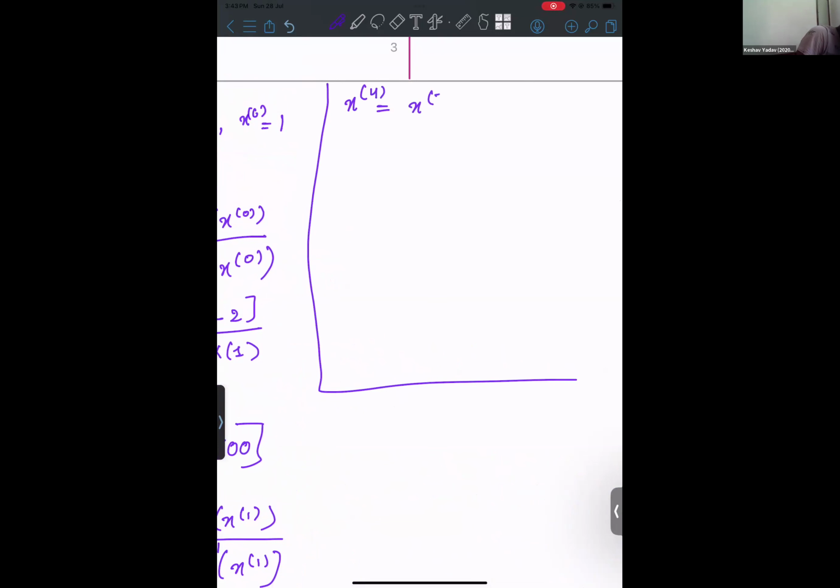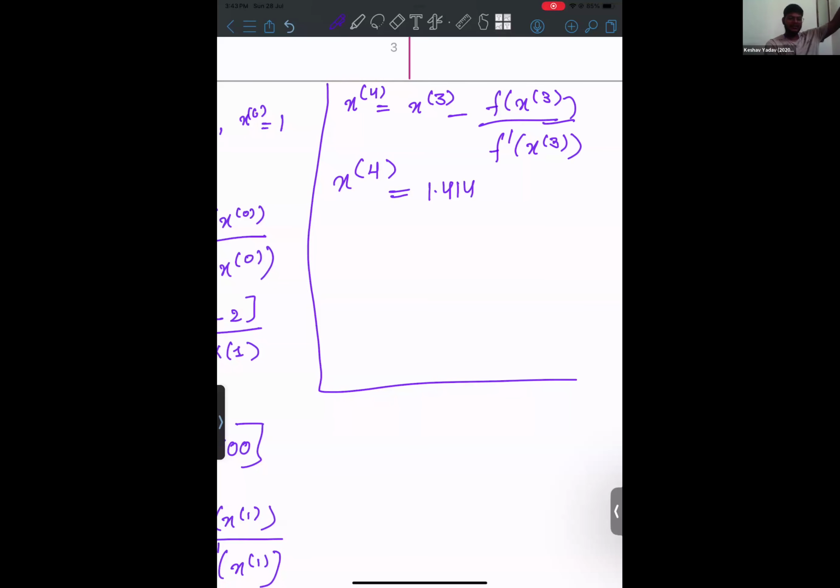So this will be equal to x at the third iteration minus f of x at the third iteration divided by f prime of x at the third iteration. If you solve this, you will find the value 1.414 only. So the solution has converged.